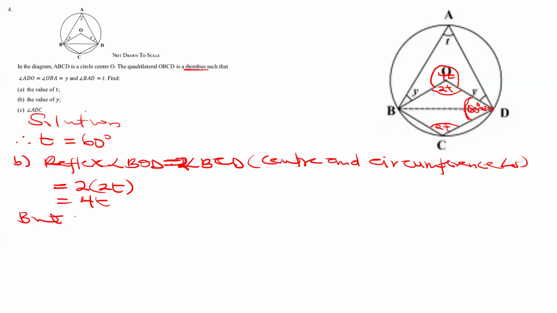But angle BAD, plus this angle T, plus angle ABO, which is your Y, plus the other angle here, which is angle ADO, plus this is your reflex angle.